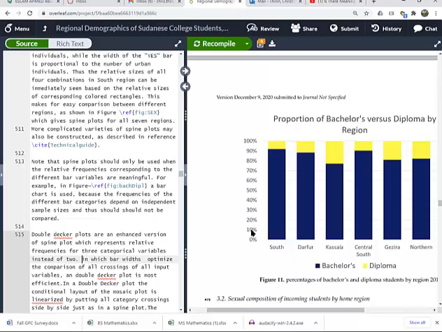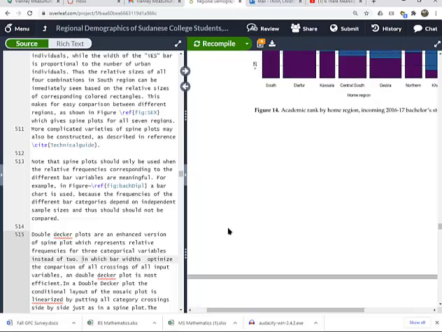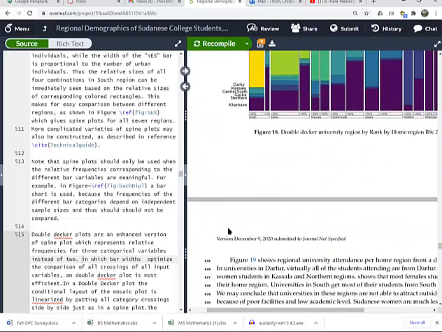So let's go here and find one. No spine plot here. We have very few spine plots. Not a spine plot. Here's a spine plot. Or here's a double-decker plot.